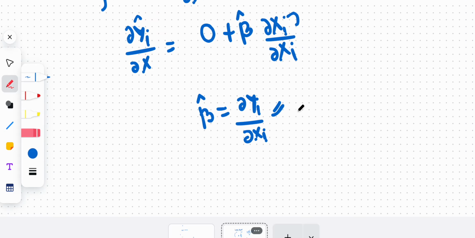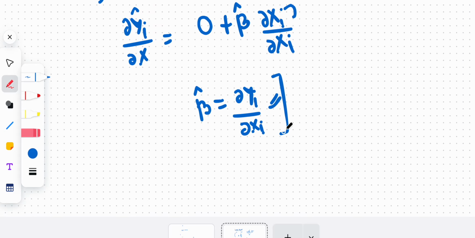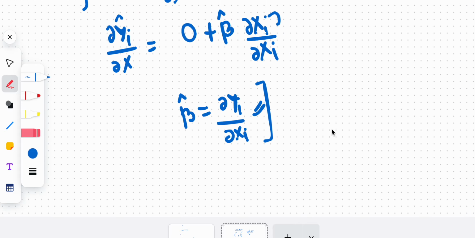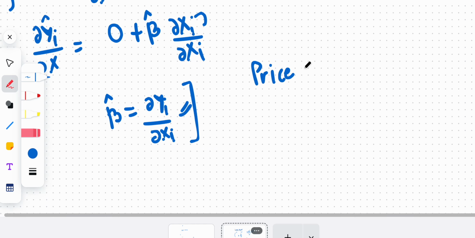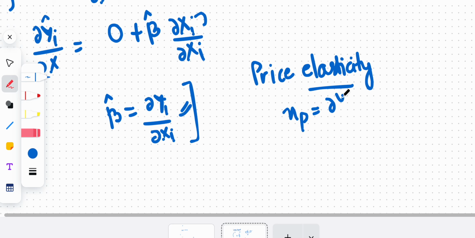Now where can this be used? In some cases, for instance, where we are trying to get price elasticity. There we can use this, which would be NP = dy/dx times x/y.